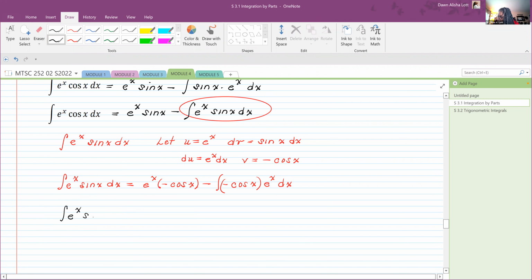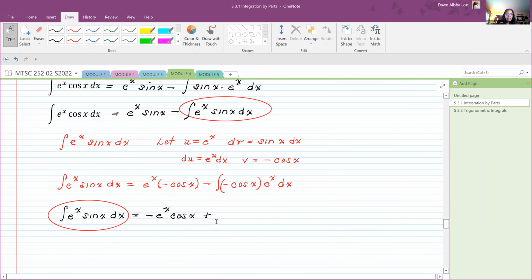The integral of e to the x sine x dx is equal to negative e to the x cosine of x. And look at here, minus negative makes plus.